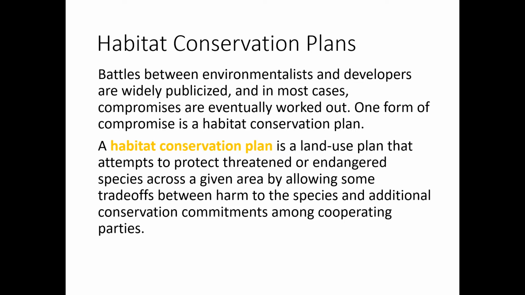Maybe you find a compromise where you set aside just a fourth of that land, where you can still use most of that land for developing the hotel, but if you set aside 25% of that land to protect those beetles, that would be enough to prevent those beetles from going extinct. It is just an example of the kind of compromise that happens, and these compromises are typically what ends up happening.